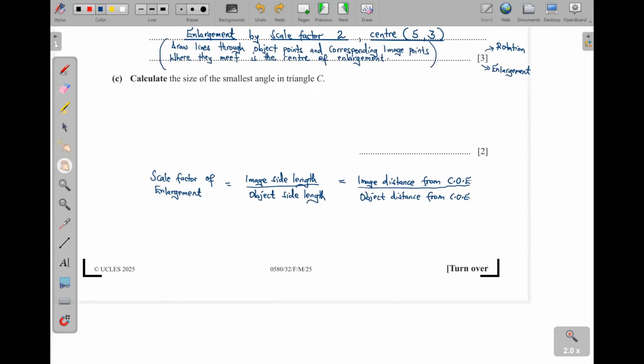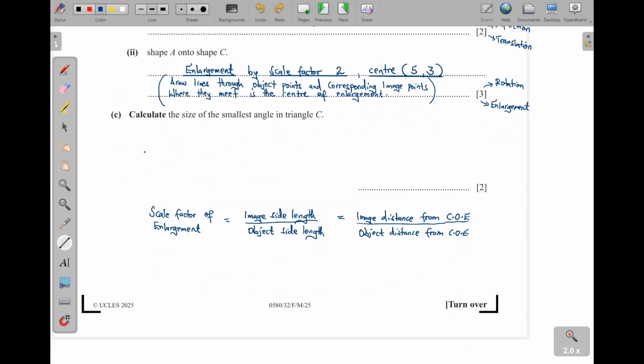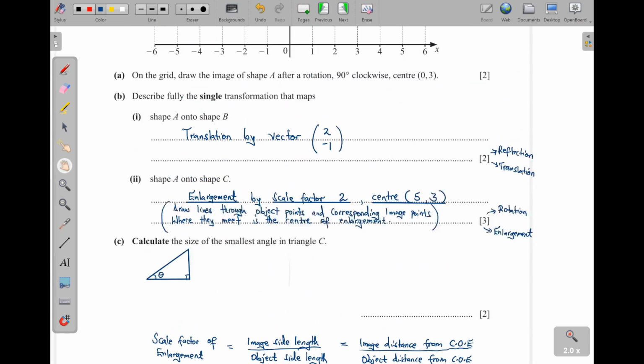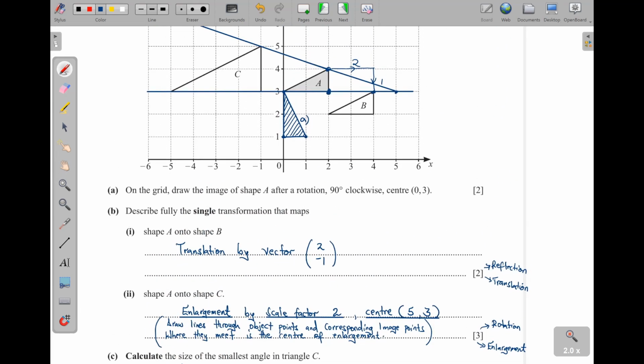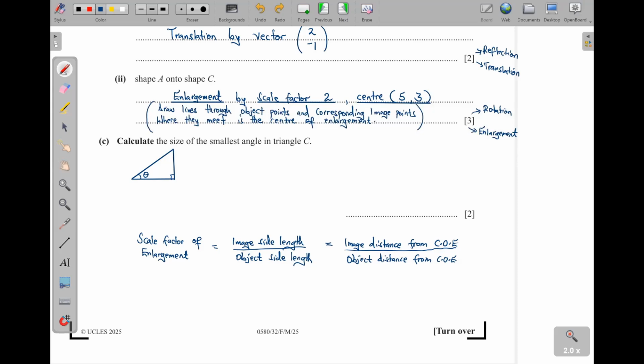Okay? So we are going to have that triangle here. Let me draw it perfectly. It's a right angled triangle, and the angle we are looking for is this one here. We can see that up here, the height is 2 units, and this is 4. So the opposite is 2, the adjacent is 4.